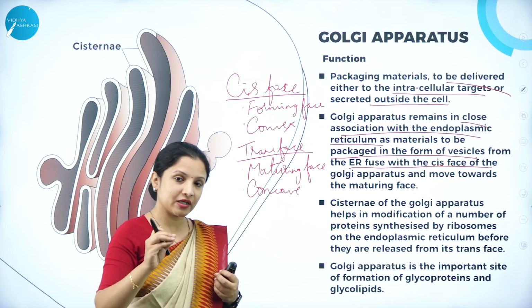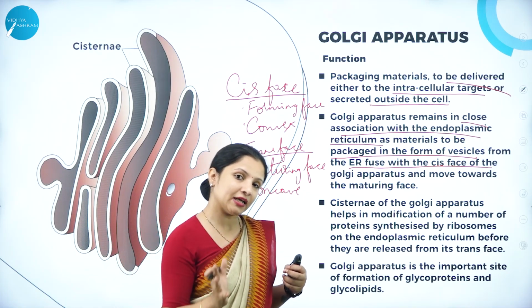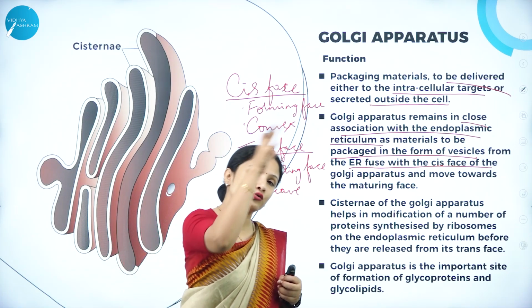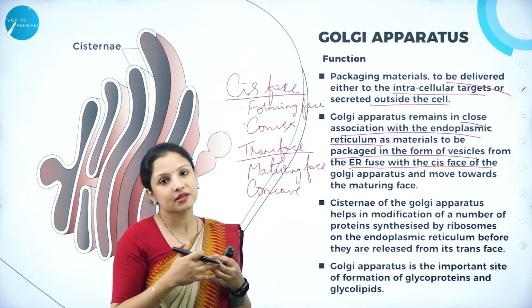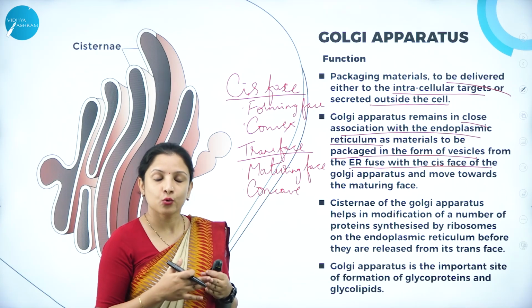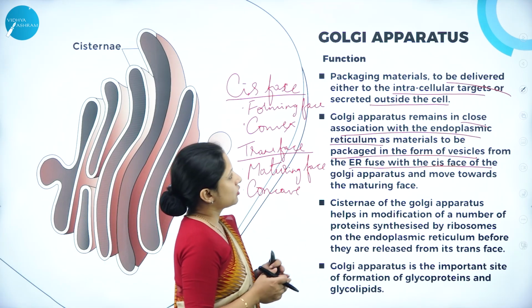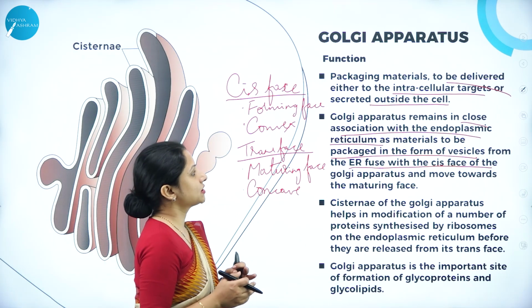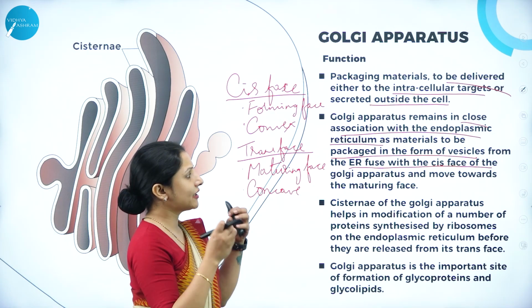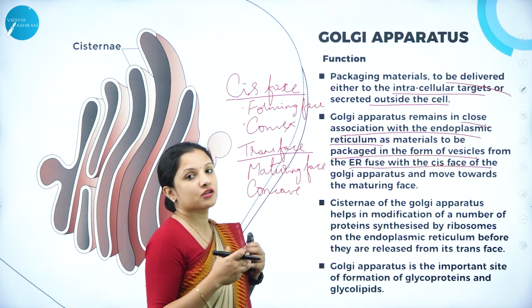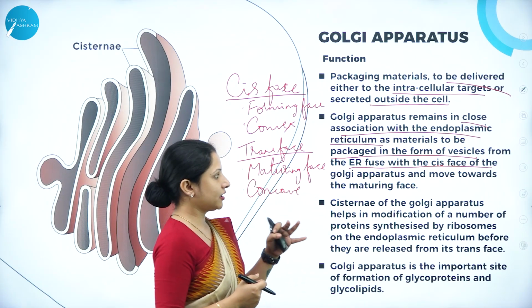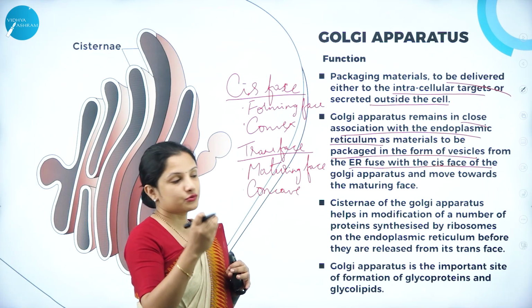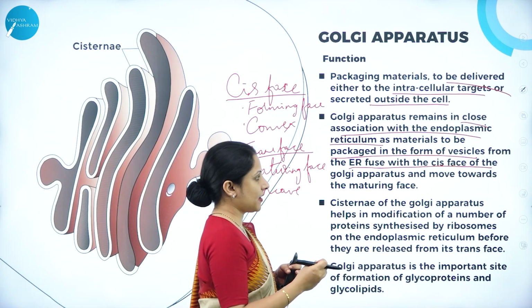So the endoplasmic reticulum should deliver these materials required for packaging to the Golgi apparatus, and that is the reason why the Golgi apparatus remains in close association with the endoplasmic reticulum, as the vesicles from the endoplasmic reticulum will go and fuse with the cis phase of the Golgi apparatus.